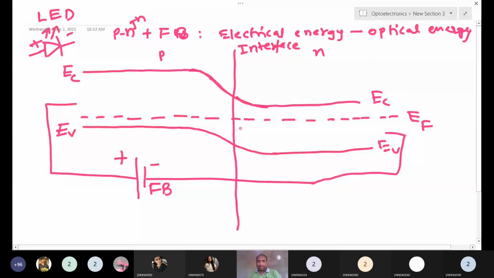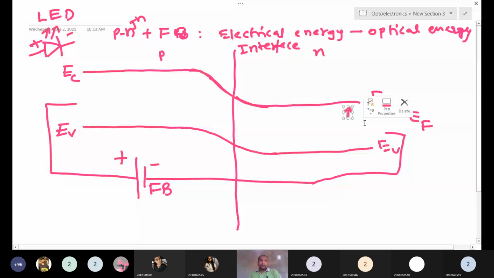So there is an energy difference between the Fermi level of the n side and the Fermi level of the p side. I am writing EFn here, and for the p side, EFp, just to distinguish. Now this is done. This is the depletion width.